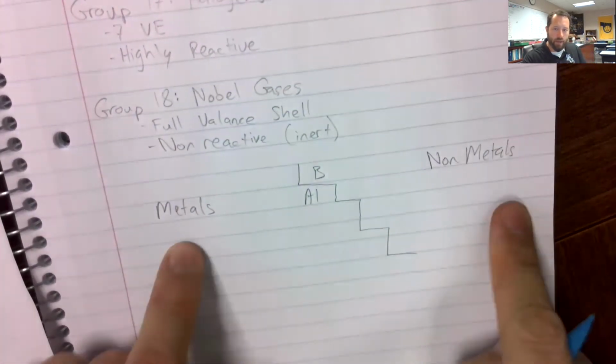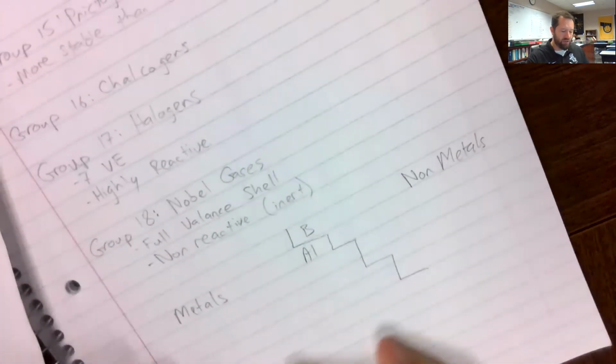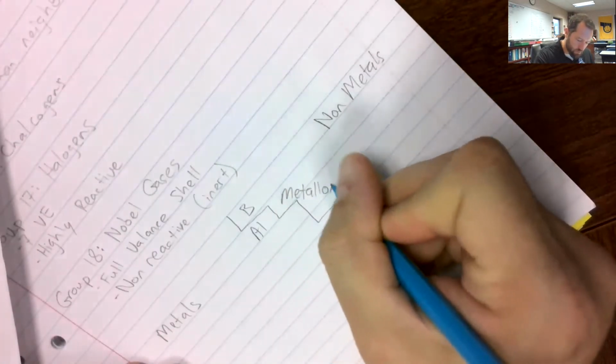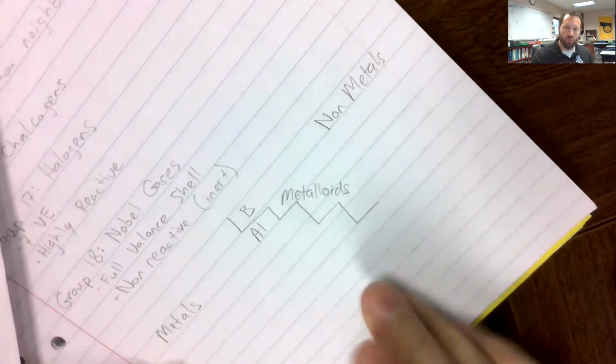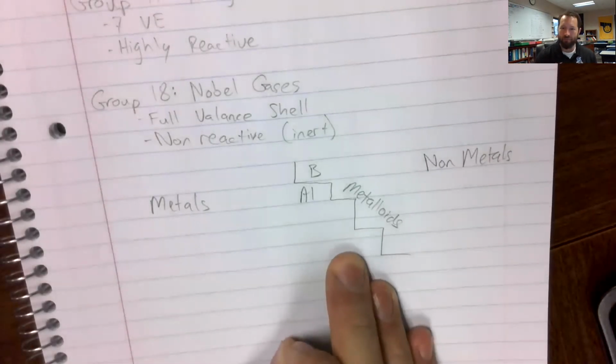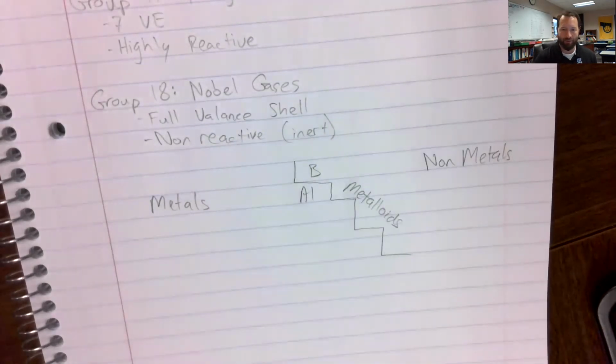So knowing your nonmetals versus your metals is very important. Things that touch the stair step line are called metalloids. And metalloids are really cool and important because they have properties that make them both or either metals and nonmetals.